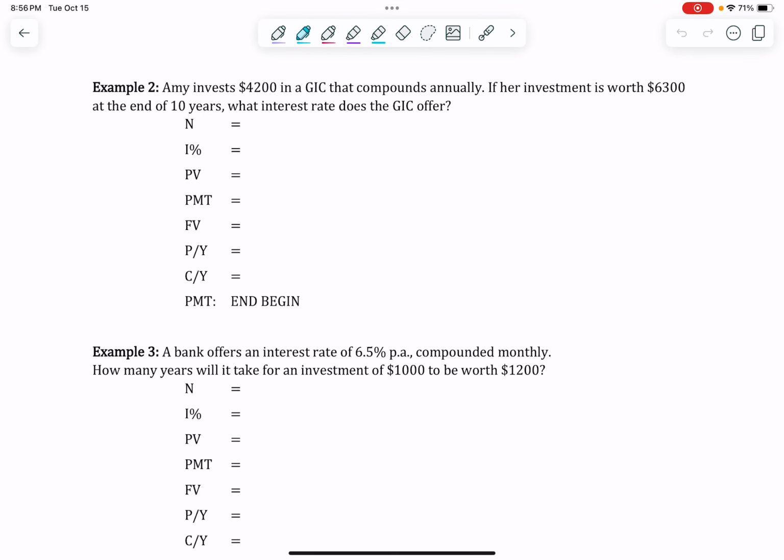Hello, grade 12s. We are going to finish off the 2.3 notes where we left off last time. Remember, we were introducing our TVM solver, which is a way that we can calculate different parts of an equation regarding some sort of financial calculation having to do with compound interest.